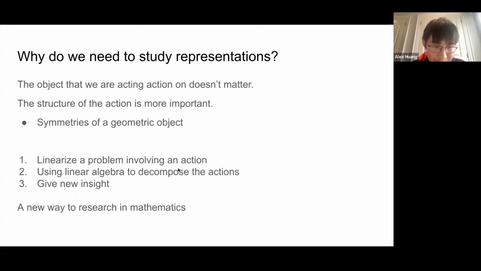Then you use linear algebra to decompose these actions. Once you decompose these actions, you get back to the original problem, and it provides you new insight. Once you get new insight, you have more ways to linearize the problem. Then you decompose them again, and you get more new insight. So it's a kind of benign cycle of math research, right?